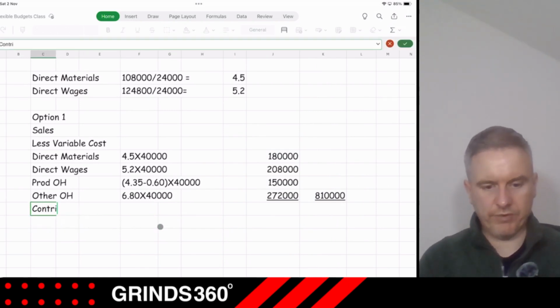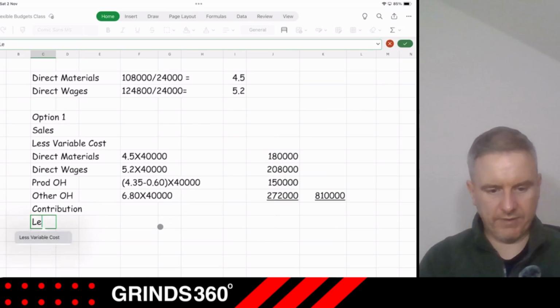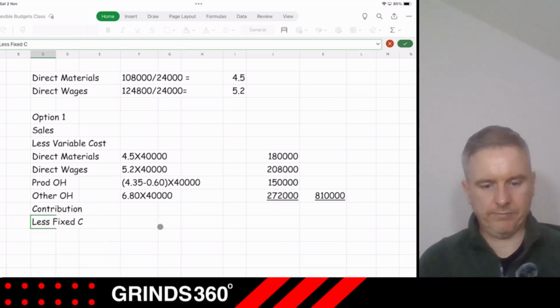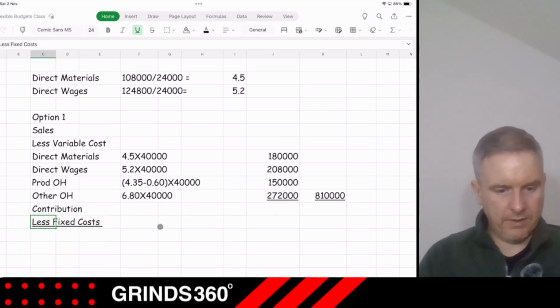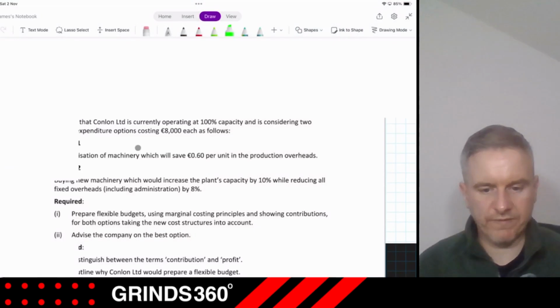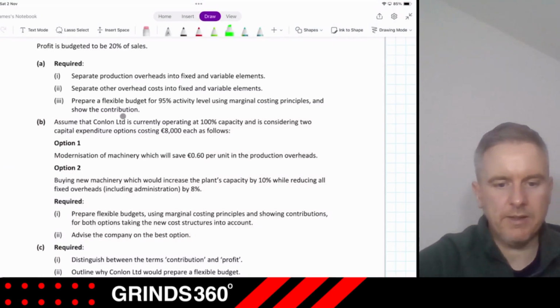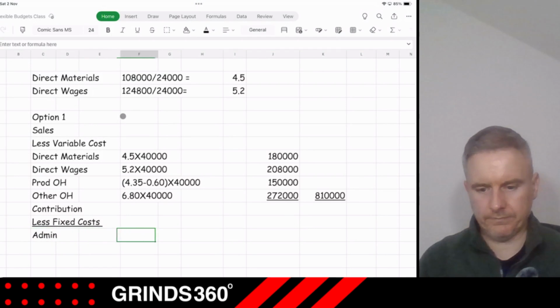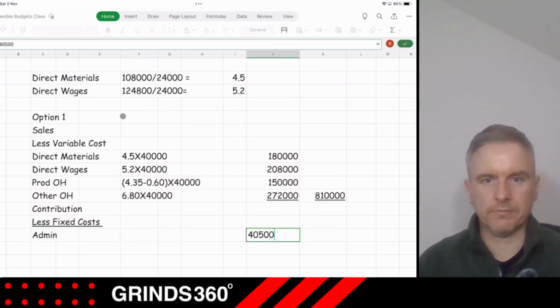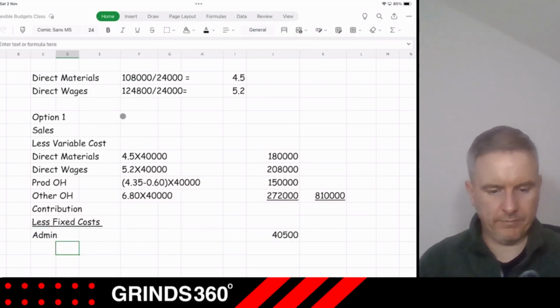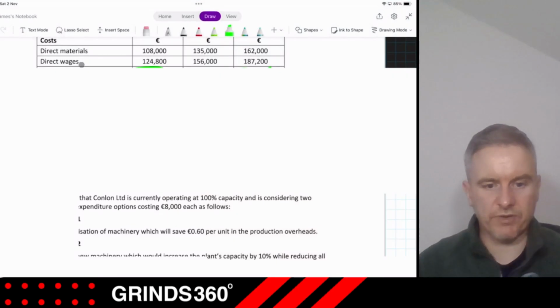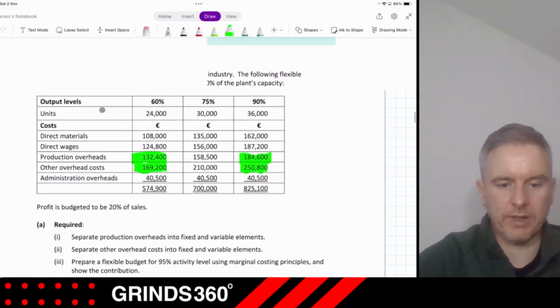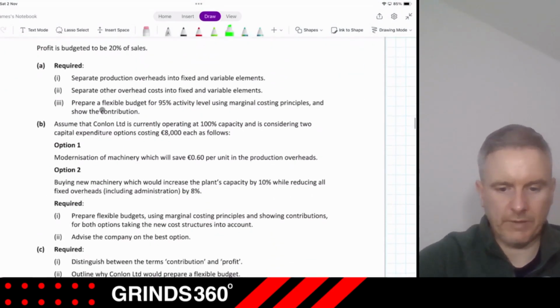We will have a contribution figure in a second, and then less fixed costs. So in this particular one, my admin is coming in at 40,500. I have that capital expenditure, so that's sunk, that's gone, okay? So the capital expenditure is coming in at 8,000 there.